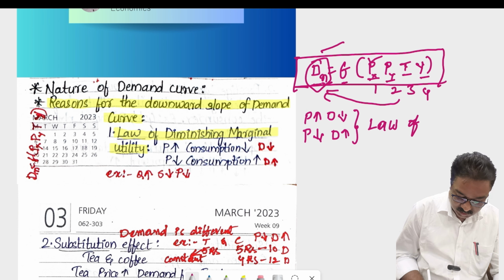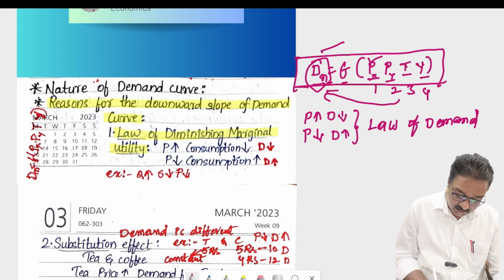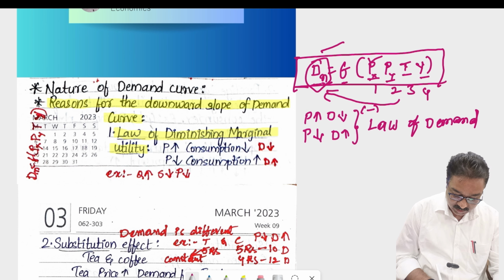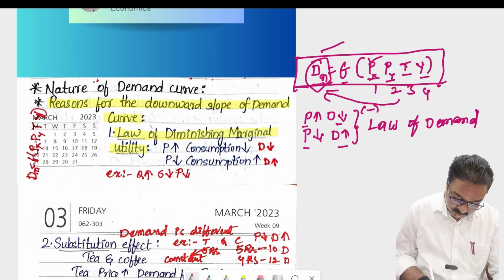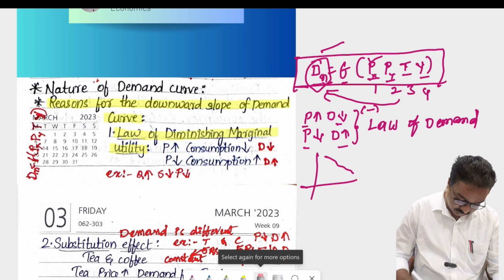Law of demand. There is a negative relationship between price and demand. According to the law of demand, when price increases, demand will decrease; when price decreases, demand will increase. So that's why the demand curve goes downwards from left to right.